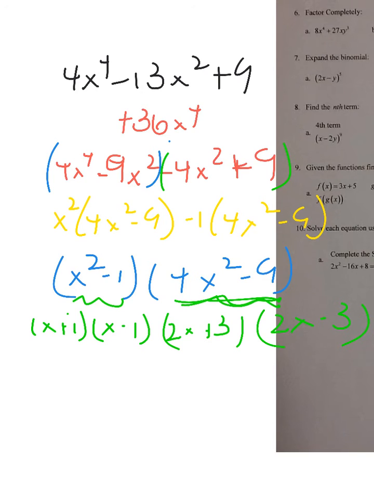All right, let's take a look at 7. That's the binomial expansion. All right, so 7 is to expand the binomial 2x minus y to the 5th power.